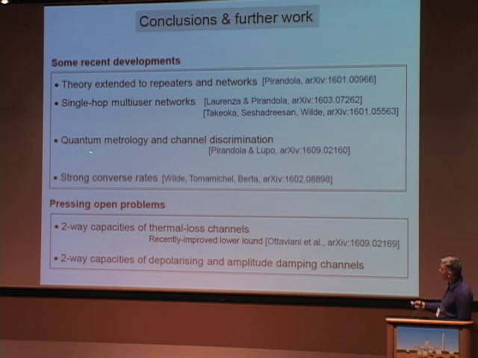Recently we also applied the methodology to quantum metrology, to simplify adaptive protocols of quantum metrology and quantum channel discrimination. And there's also a paper extending the results to the presence of repeaters in a quantum network. So basically, what are the maximum rates that you may achieve with a single repeater, with two repeaters, and so on.